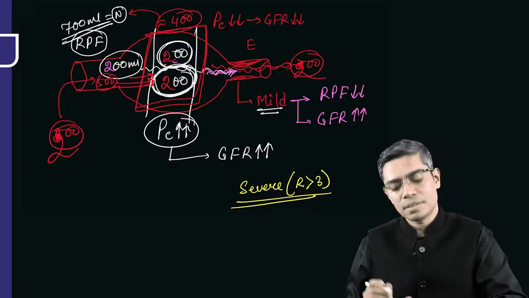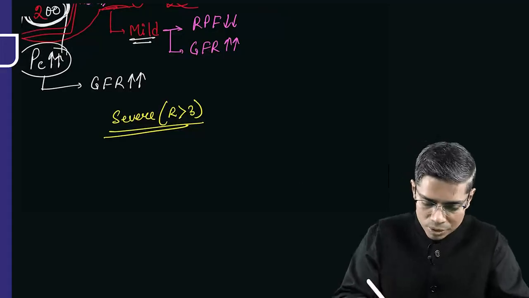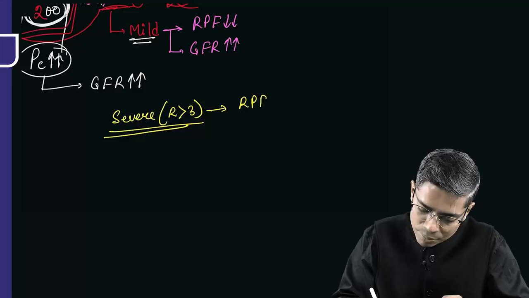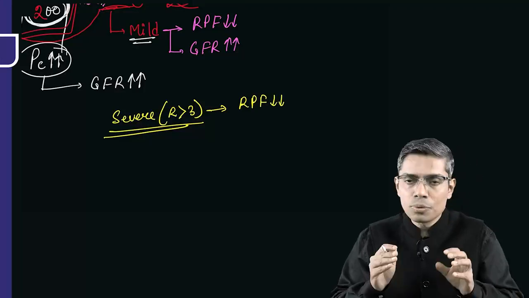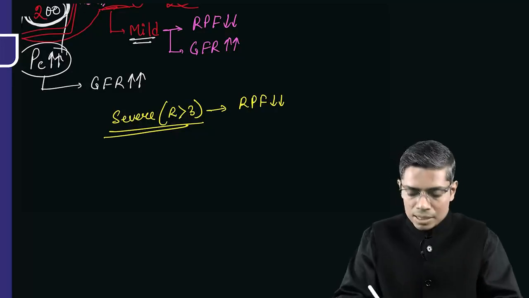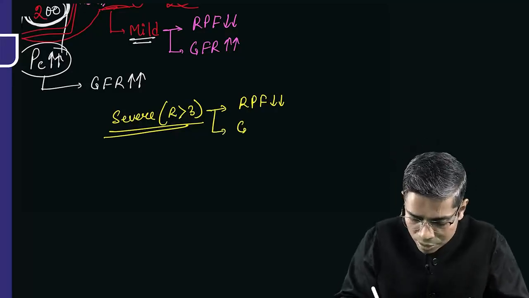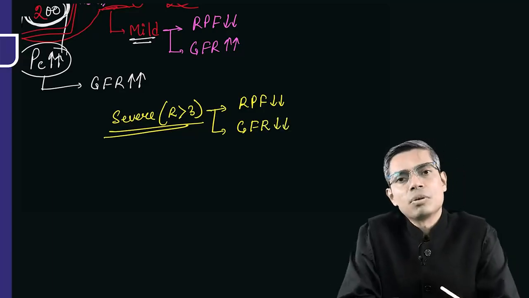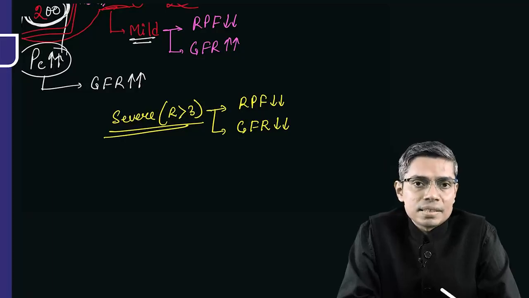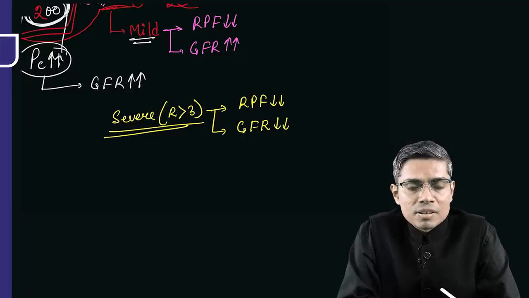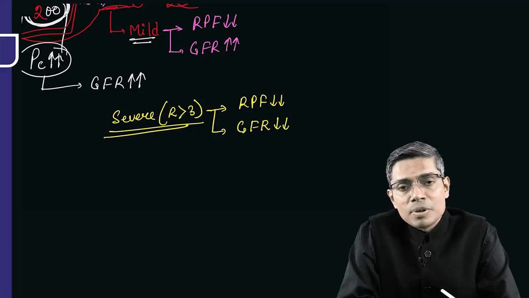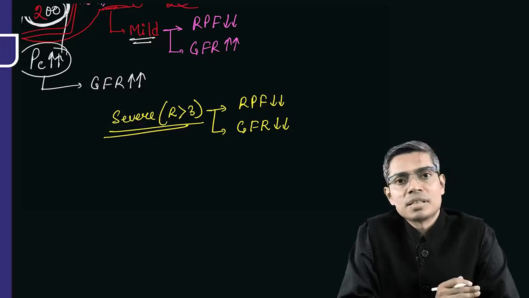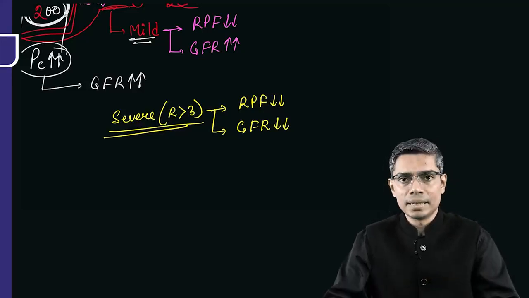If the hydrostatic pressure is decreased, what will happen to GFR? GFR will also decrease. That's why whenever you cause severe constriction of the efferent arteriole, renal plasma flow will reduce to such a low level that the normal GFR will not be maintained. Guyton writes that if the constriction of the efferent arteriole is severe, the RPF will reduce to such a low level that the normal hydrostatic pressure in the capillary will not be maintained.